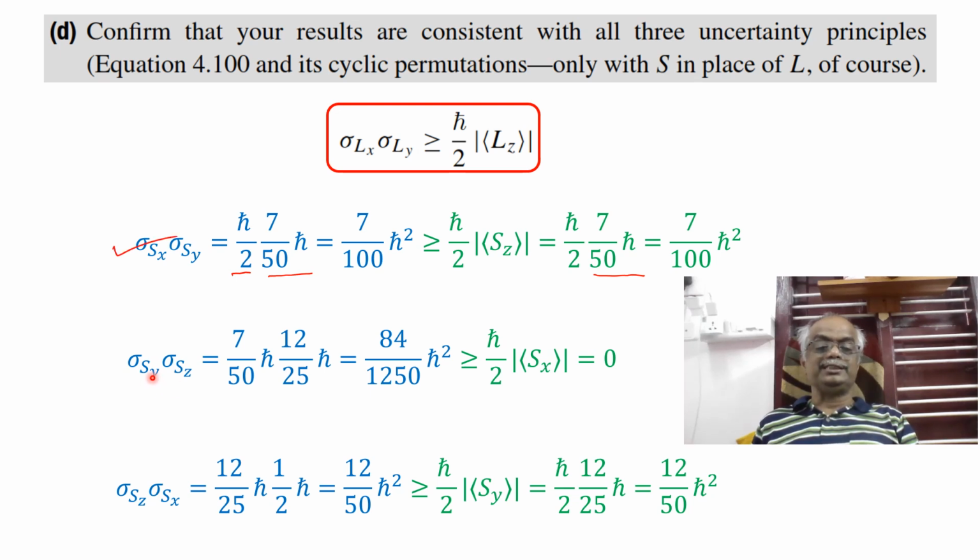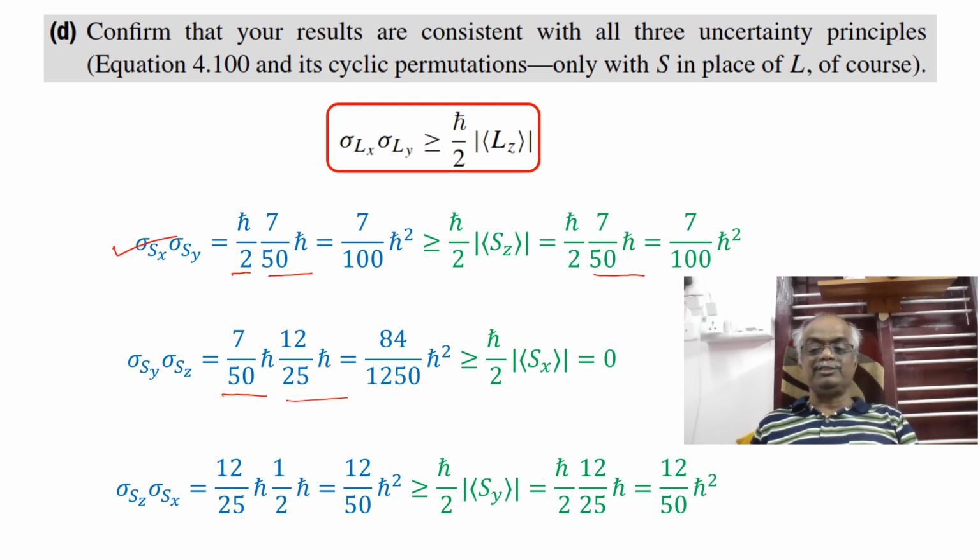Then the second case, σ_Sy σ_Sz. σ_Sy we have seen just now is 7 over 50 ħ. σ_Sz we have seen in part C is 12 over 25 ħ. If you multiply both, you will get 84 divided by 1250 ħ², which should be equal to or greater than ħ over 2 times, here y z, so naturally this will become Sx.